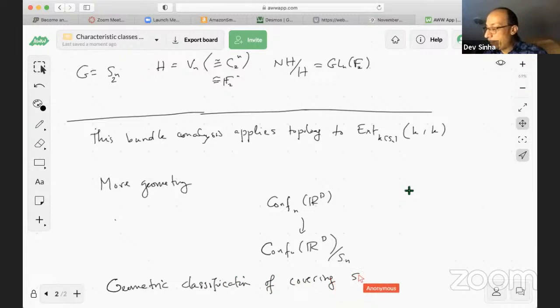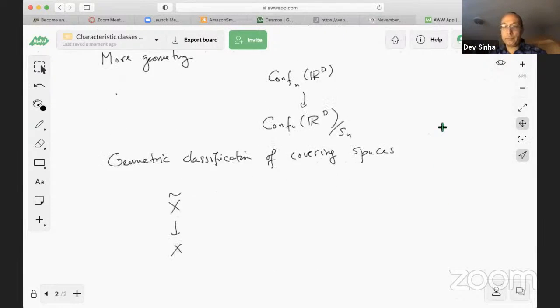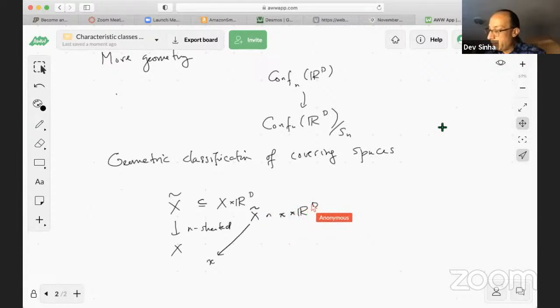for any covering space, if I have some cover of X, which is an n-sheeted cover, then if X is paracompact, I can embed this in X cross R^D, and then the fiber over any X is just going to be a configuration, the intersection of X tilde with that little X cross R^D, a configuration of endpoints in R^D.